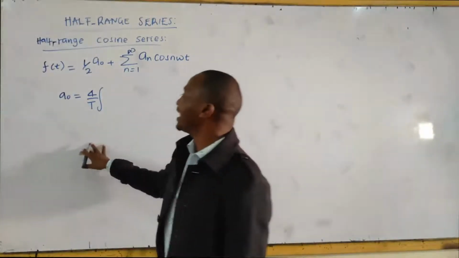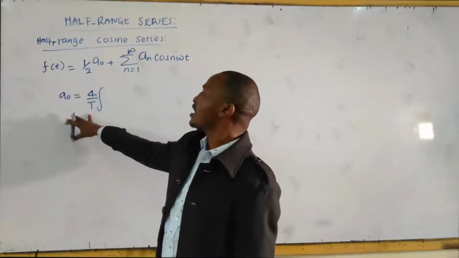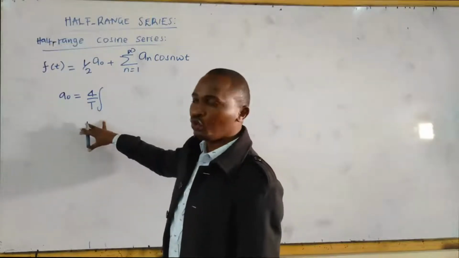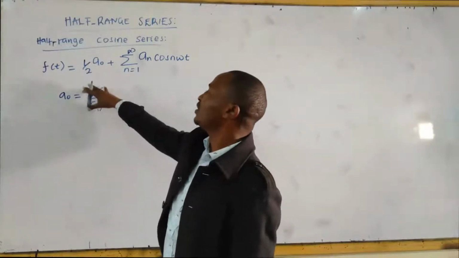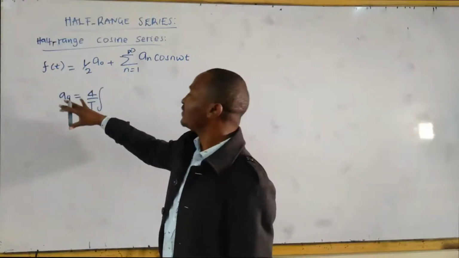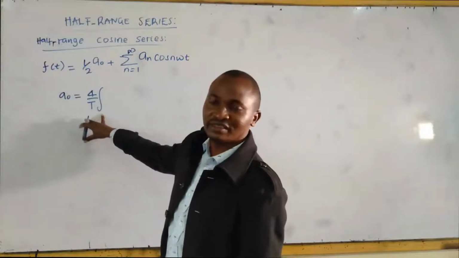So initially we had 2 over T, but we are integrating from negative T over 2 to positive T over 2. Here we have double of that, that is 4 over T, but we have the limit.